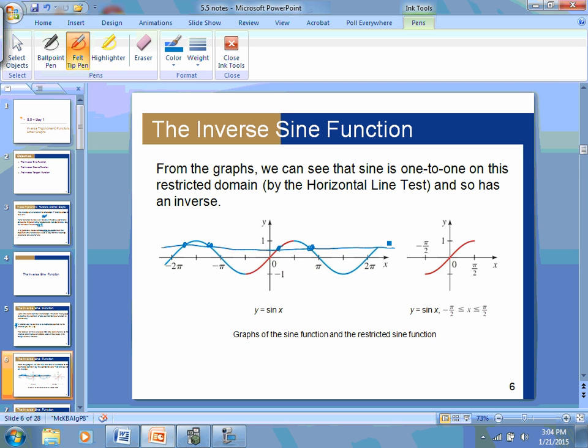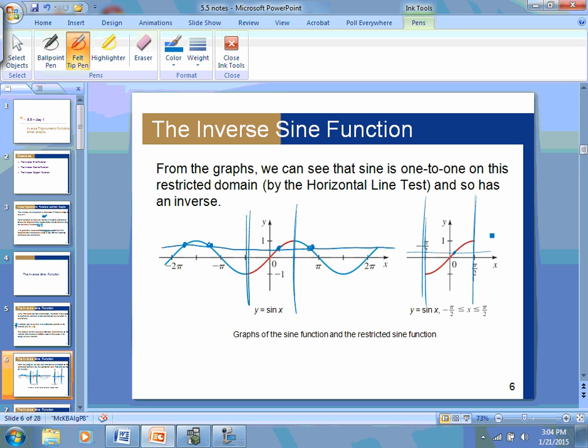It doesn't have an inverse. But if we restrict it, if we just chop off a little piece from negative pi over 2 to pi over 2, then we have this nice curve where if we draw a horizontal line across it, that horizontal line is only going to touch that graph one time, no matter where we put that horizontal line.